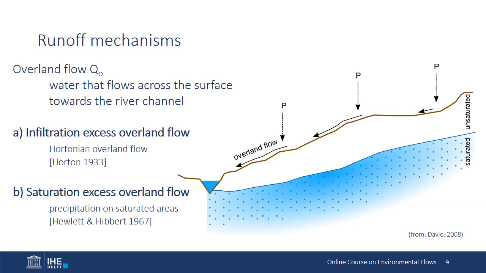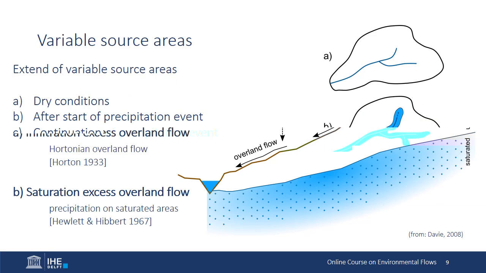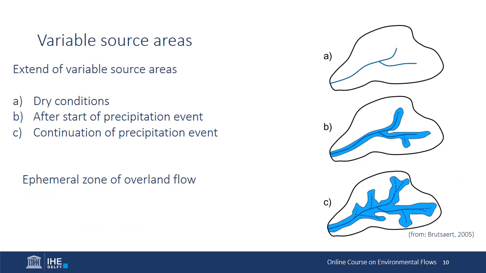Hewlett and Hibbert in 1967, they defined a process called saturation excess overland flow. It means precipitation is falling on saturated areas in the catchment. These saturated areas can be seen in the right figure here, defined as variable source areas.